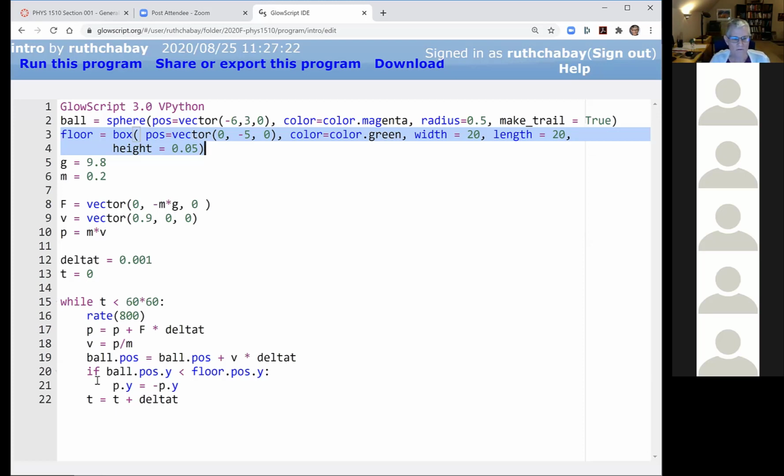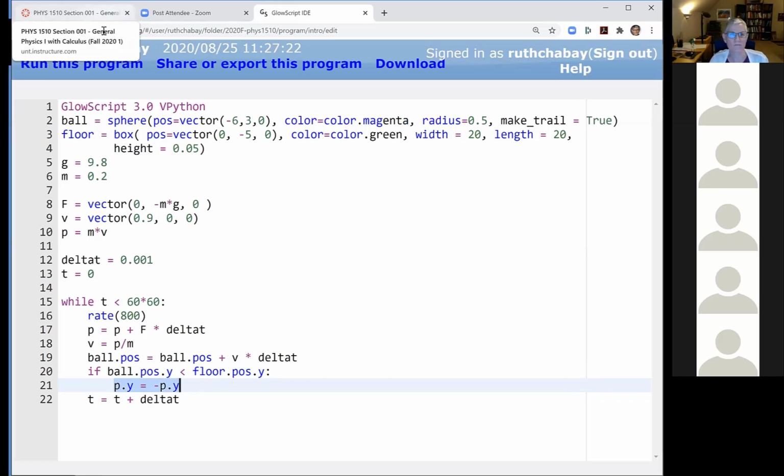Now, the part about the floor here that made it bounce was that we said if the y component of the ball's position, the y coordinate of the ball, was actually less than the y component of the floor's position, which is a really coarse-grained check, okay, because that means the ball has actually gone through the middle of the floor, then we should reverse the direction of the ball's momentum. So those equations are what we had.